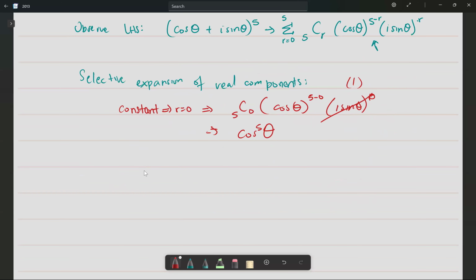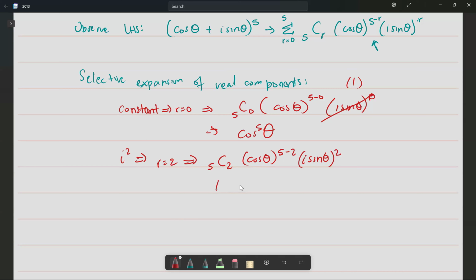The next part that would be real is if we had I squared. In this case, I squared occurs when r is equal to 2. So we have 5 choose 2 cosine theta to the power of 5 minus 2 I sine theta to the power of 2.